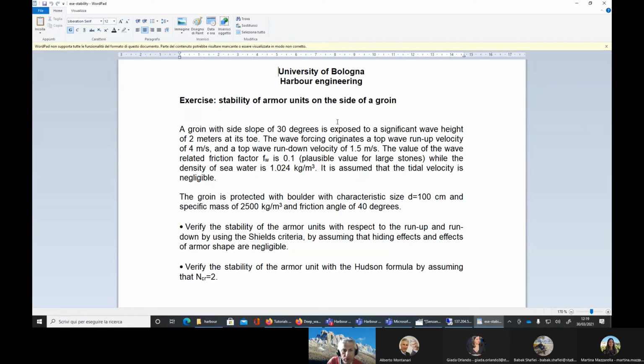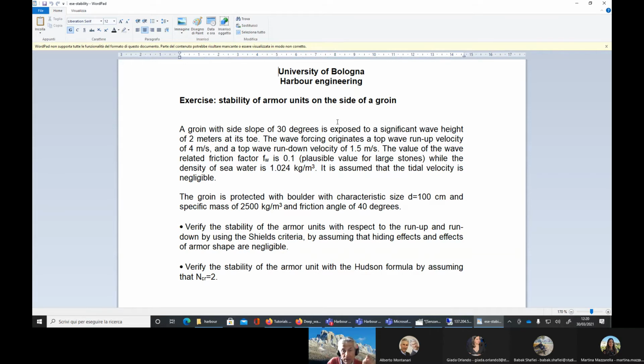The value of the wave-related friction factor FW is 0.1, which is a plausible value for large stones, while the density of seawater is taken to be 1024 kilogram force per cubic meter.